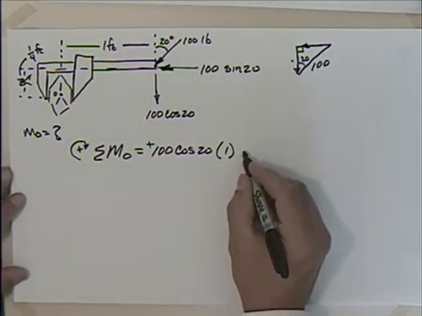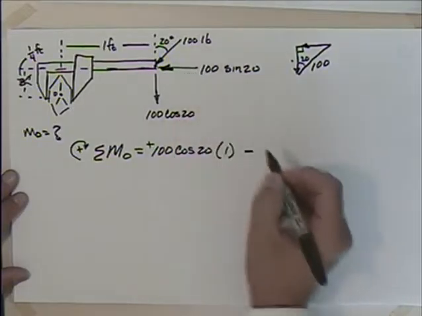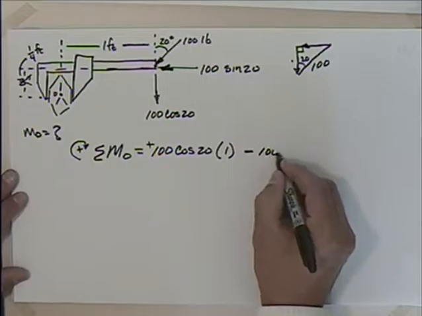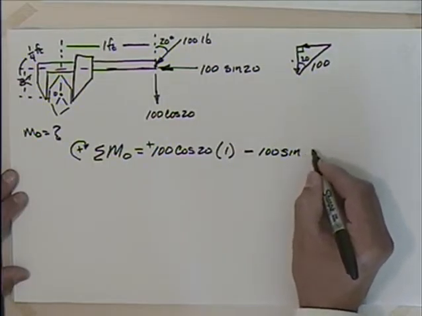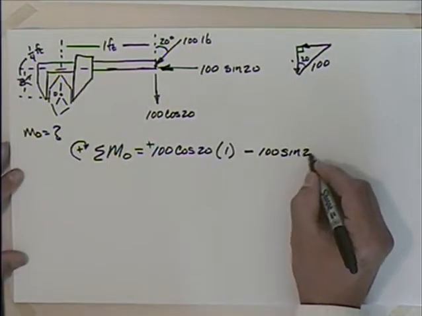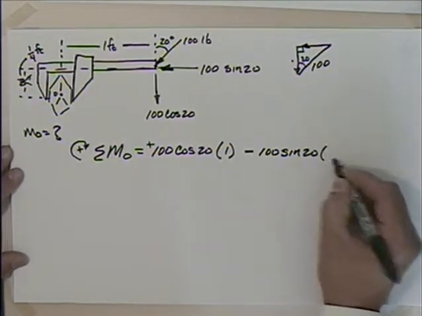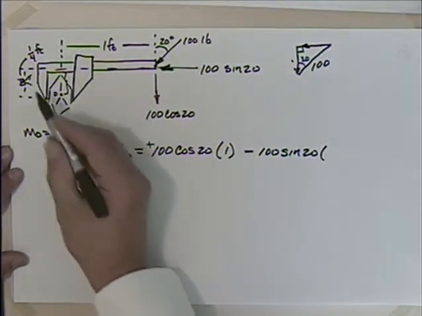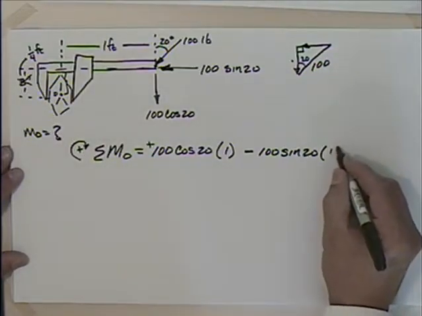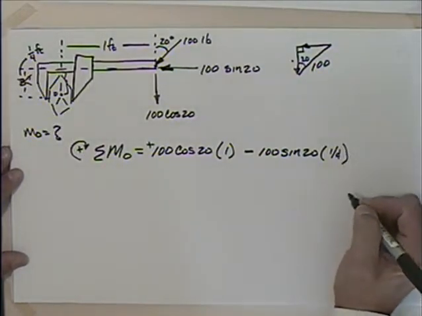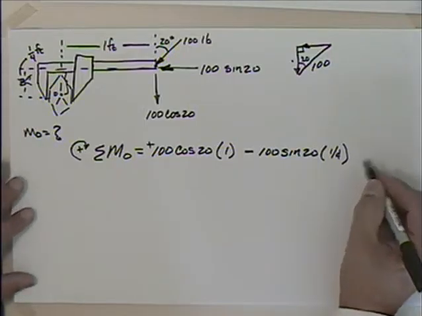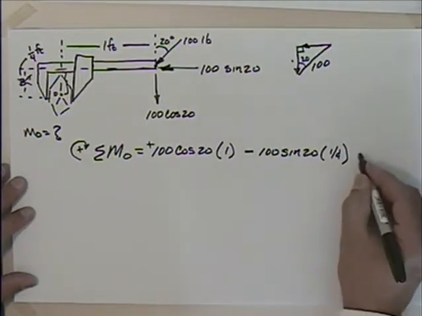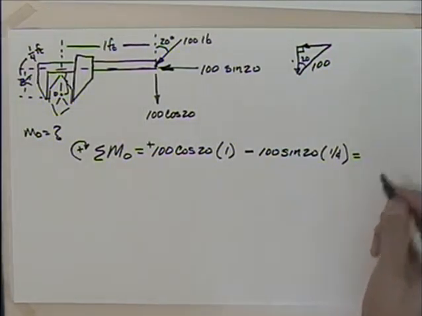So I've got minus, because this rotates it counterclockwise, minus 100 times the sine of 20 times the distance that acts through. So that's going to act through this distance here, which we said was 3 inches, or in our proper units, 1/4 of a foot. Okay. When you run through the math on this, what does that turn out to be?